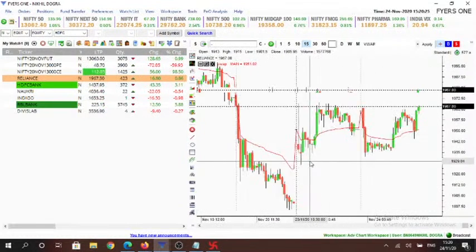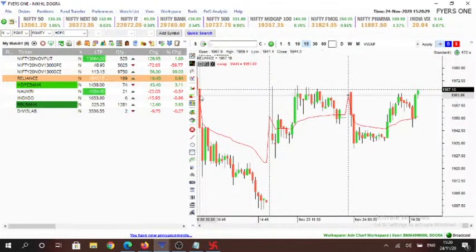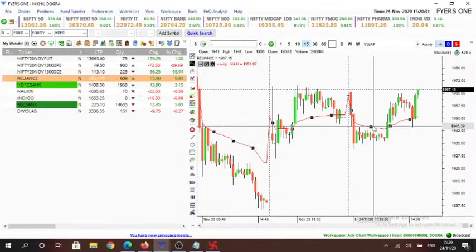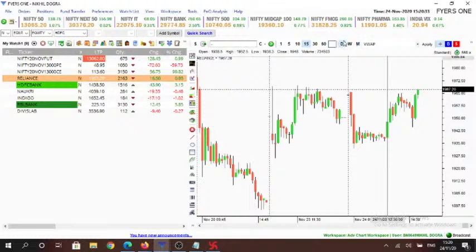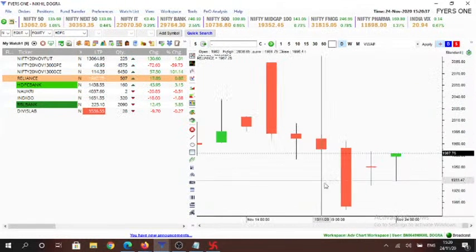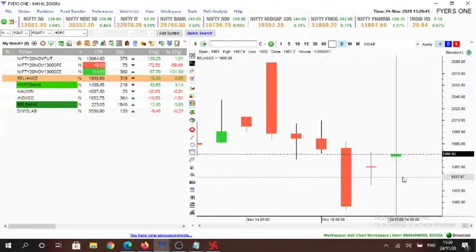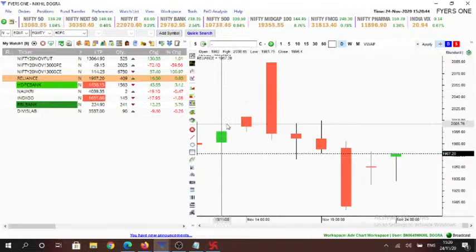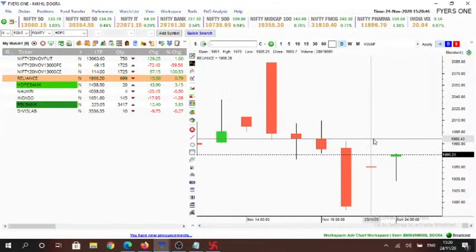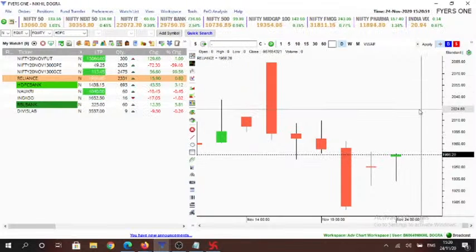Overall, Reliance is flat today. On the daily time frame, I think today is again an inside candle. Yesterday was an inside candle, today is again an inside candle. So let's see whether it manages to break to the upside. If it does, then it can potentially trade higher.